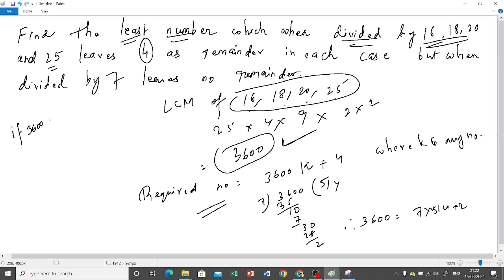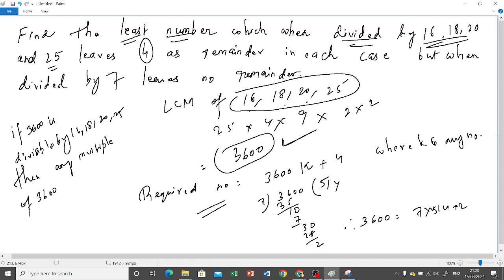If 3600 is divisible by 16, 18, 20, and 25, then any multiple of 3600 is also divisible. Understood?